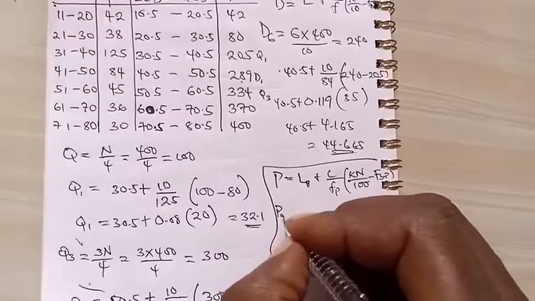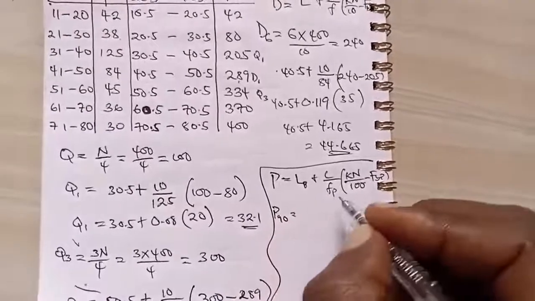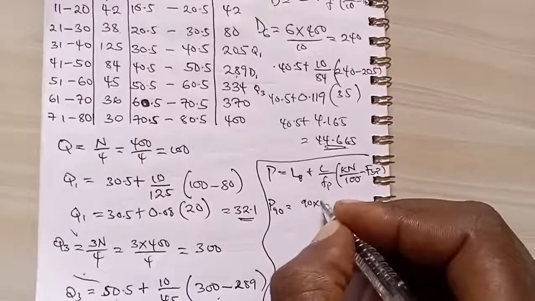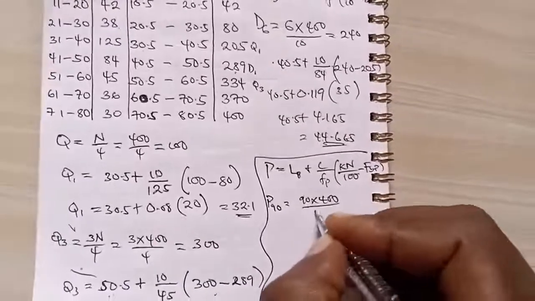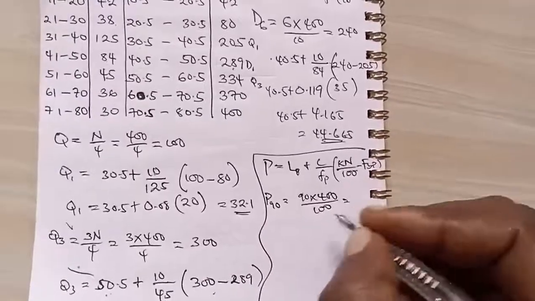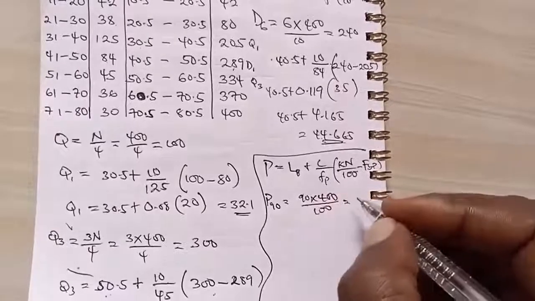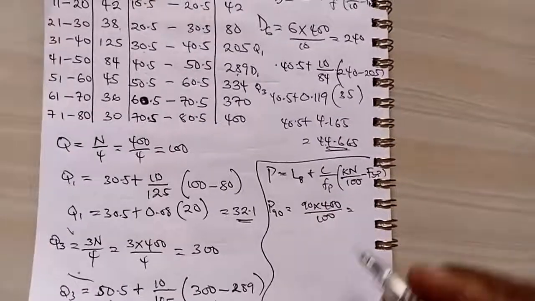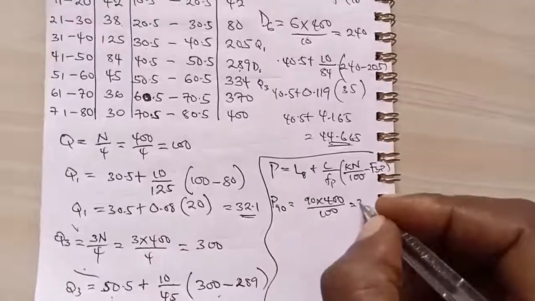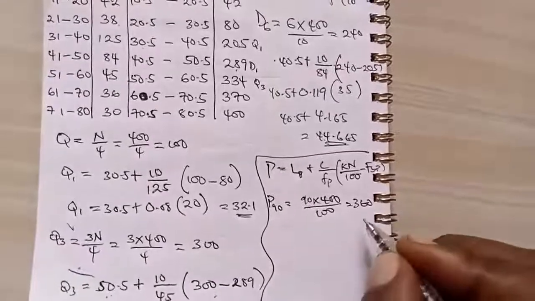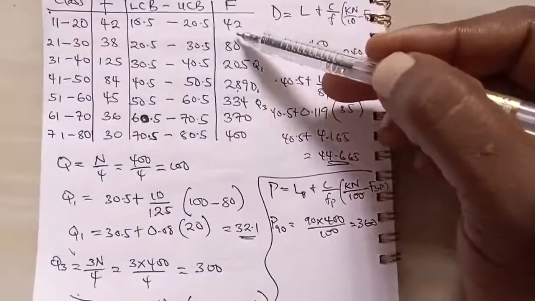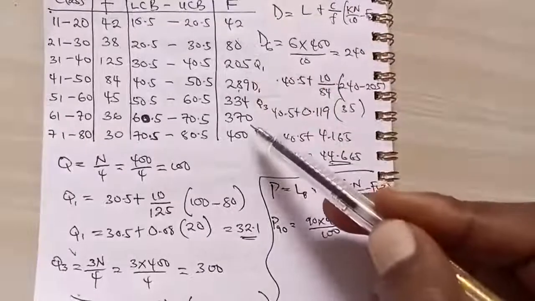P90 becomes, first of all, we resolve here 90 times 400 over 100, which will give us 360. So we go to the table and look for the first place that contains 360. The first place that contains 360 is here.